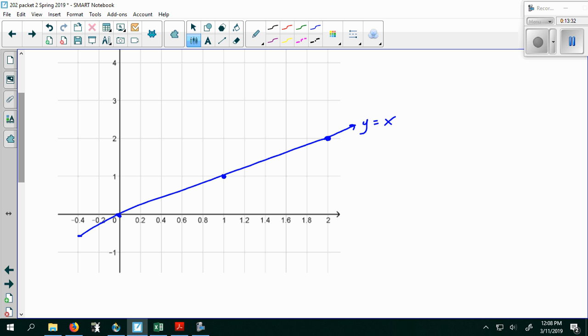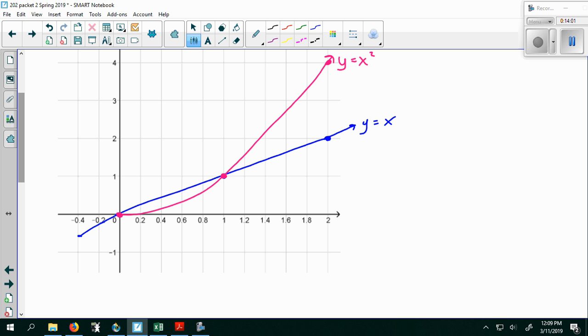And then y equals x squared, so that gives me 0, 0, 1, 1, and 2, 4. So I'm going to connect those with a nice smooth curve. I know it looks like a parabola. So I want the region bounded by these two curves.